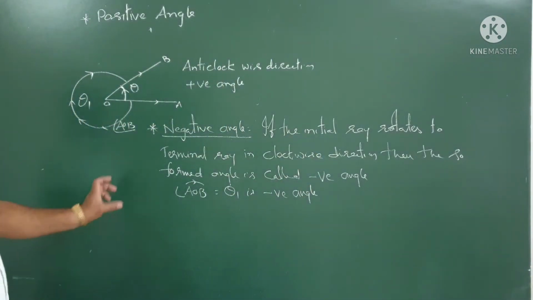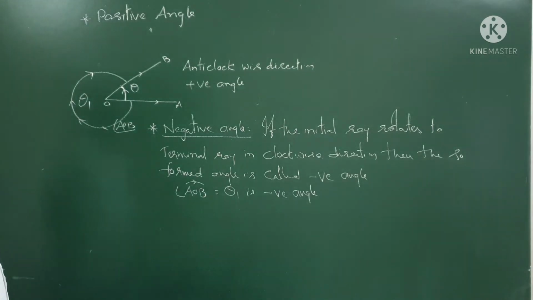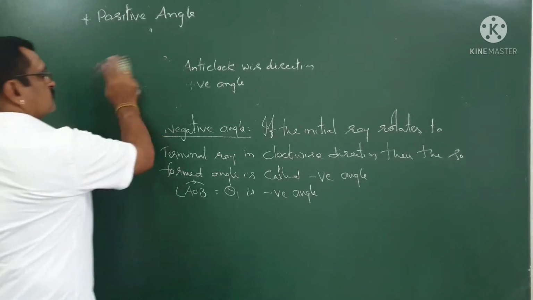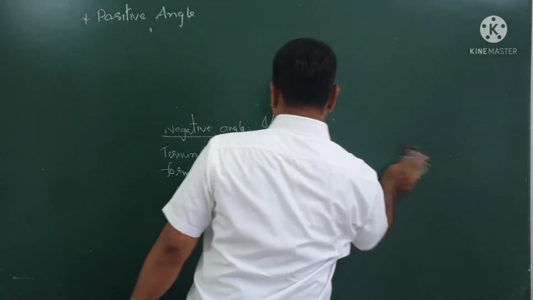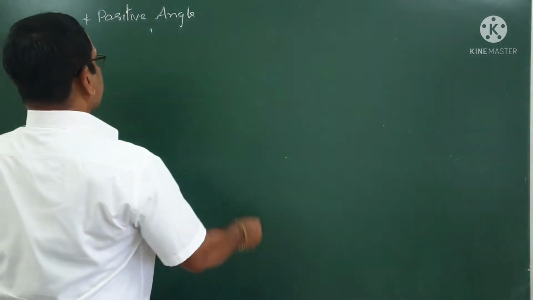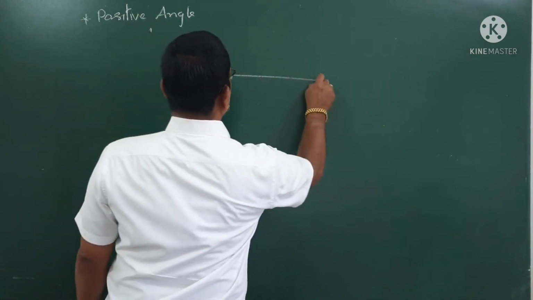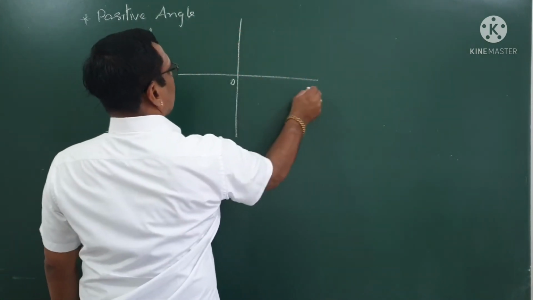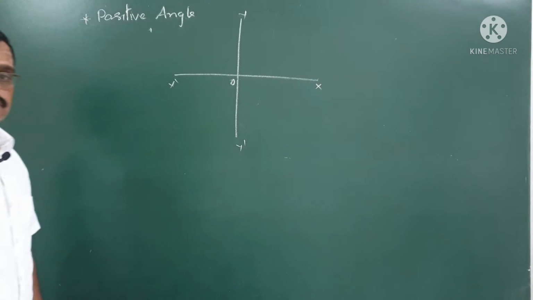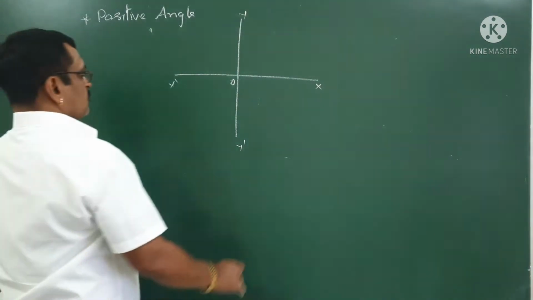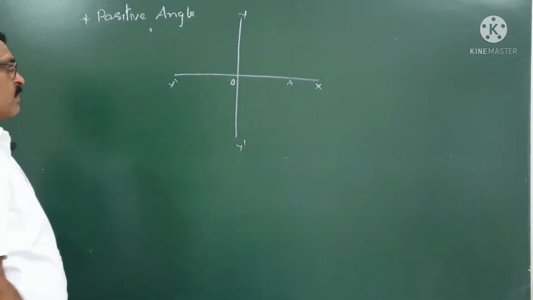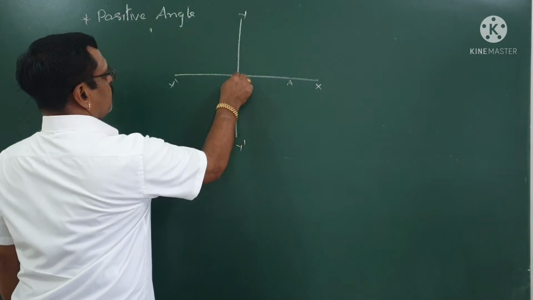Now I will explain one numerical example. I consider the rectangular coordinate system O, X, X prime, Y, Y prime. Let OA be the initial ray and OB the terminal ray.